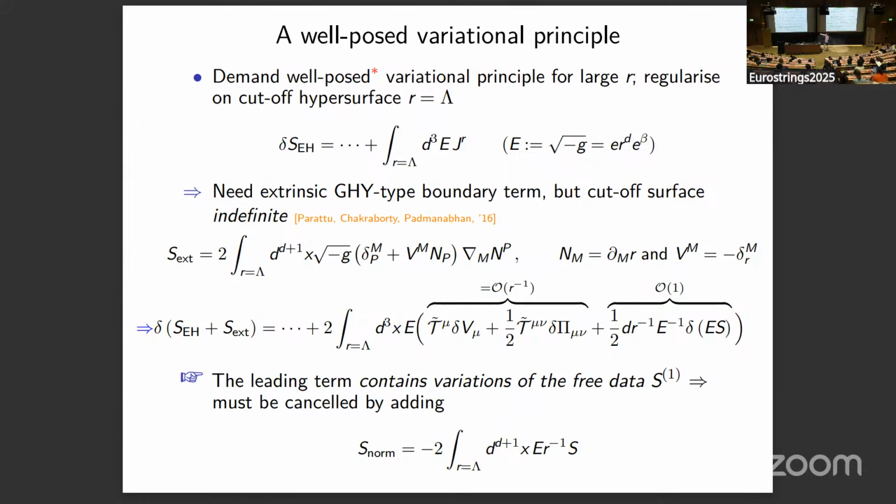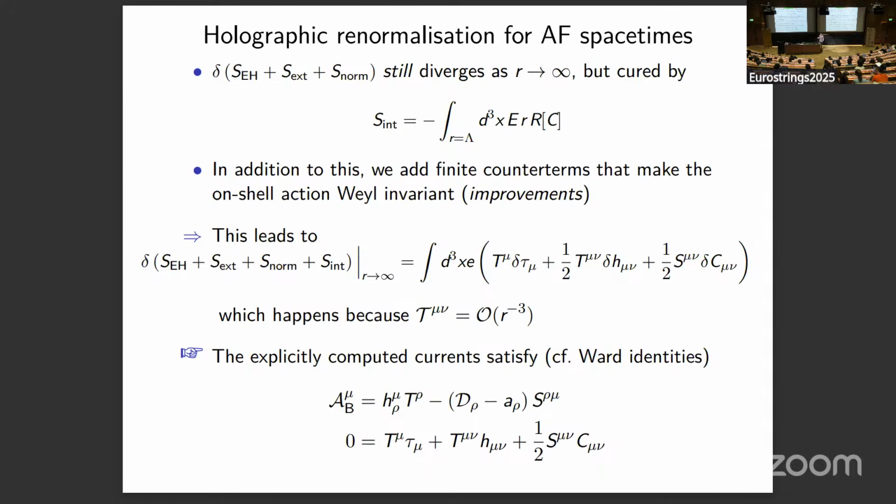So we cancel that by just adding this term that removes this variation. And this in the context of AdS/CFT would be like a cosmological constant term. But that introduces additional divergences that we then must get rid of. And it turns out that we can get rid of these by adding this term, where C is now some well-chosen connection on these constant r hypersurfaces.